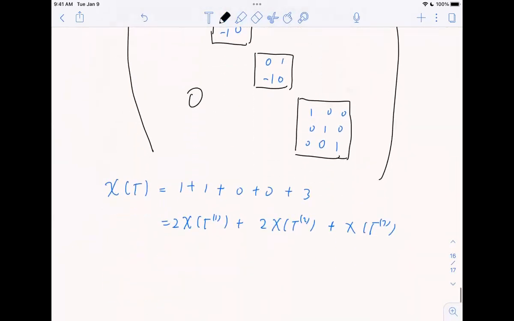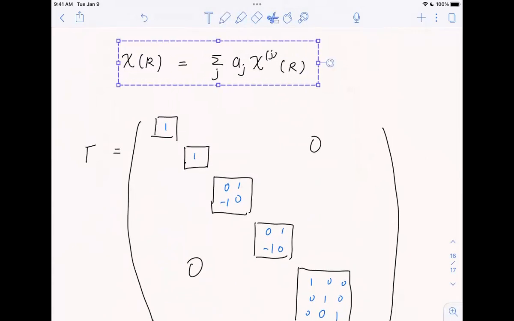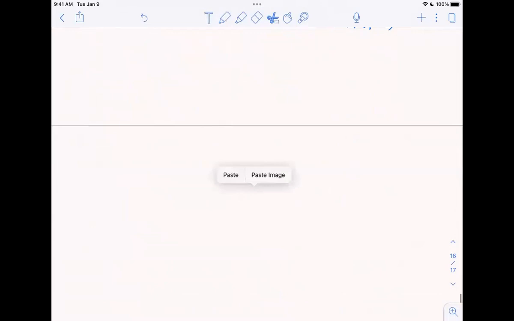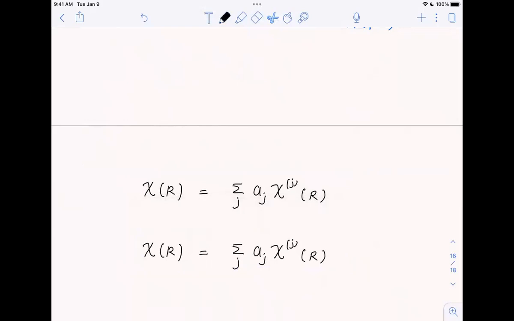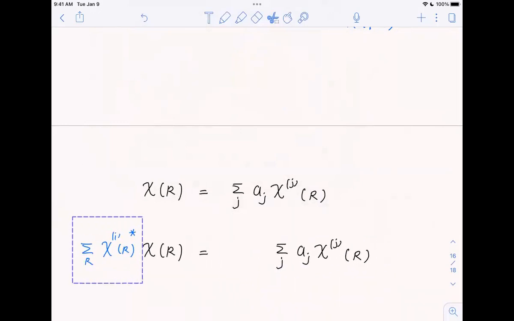We write this thing again, and then we write the i representation, complex conjugate, and sum over R. You do the same thing on both sides.